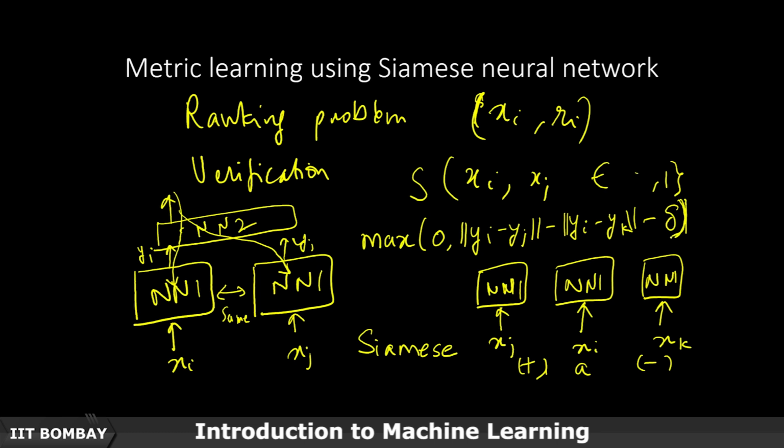So now imagine if your yi minus yk is very large, and it is at least delta larger than yi minus yj, then there is going to be no loss.